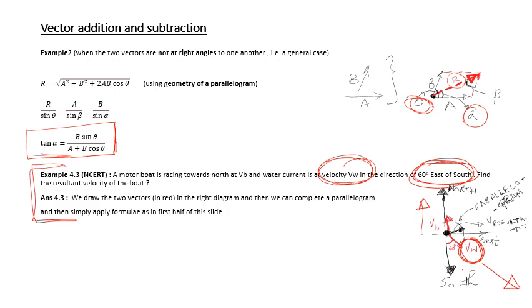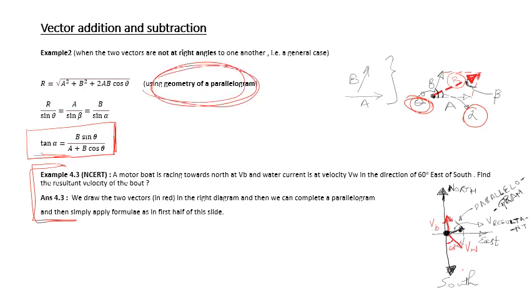Naturally you need the resultant, and resultant means what? Adding the two velocities. In this case, since they are not at right angles, we will use the parallelogram geometry. If you go to the top, the first half of this slide, we talked of the geometry of a parallelogram in case the two vectors are not at right angles, and the resultant is this one.